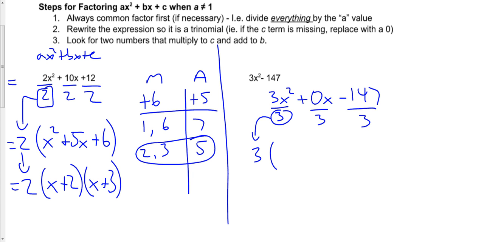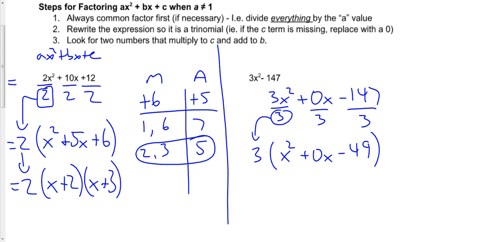So if I do 3x squared divided by 3, that leaves me with x squared. 0x divided by 3 leaves me with 0x, so I'm just going to leave it as 0x. And negative 147 divided by 3 is going to leave me with negative 49.